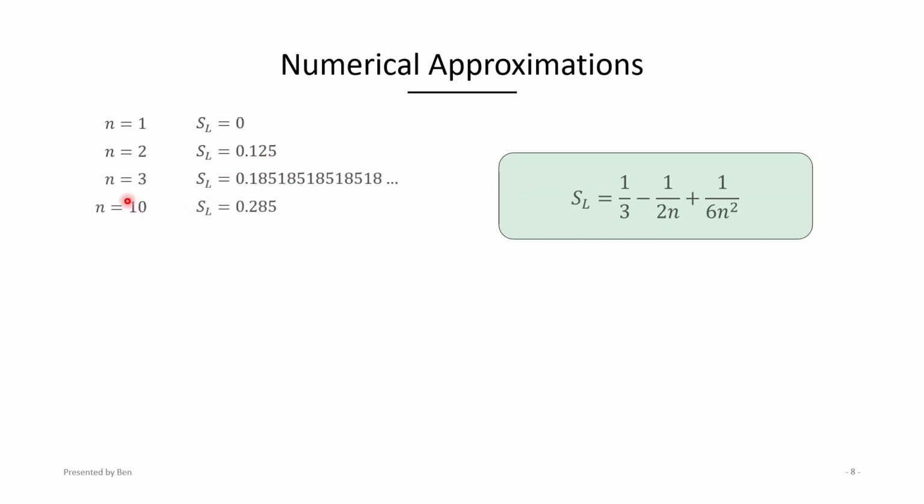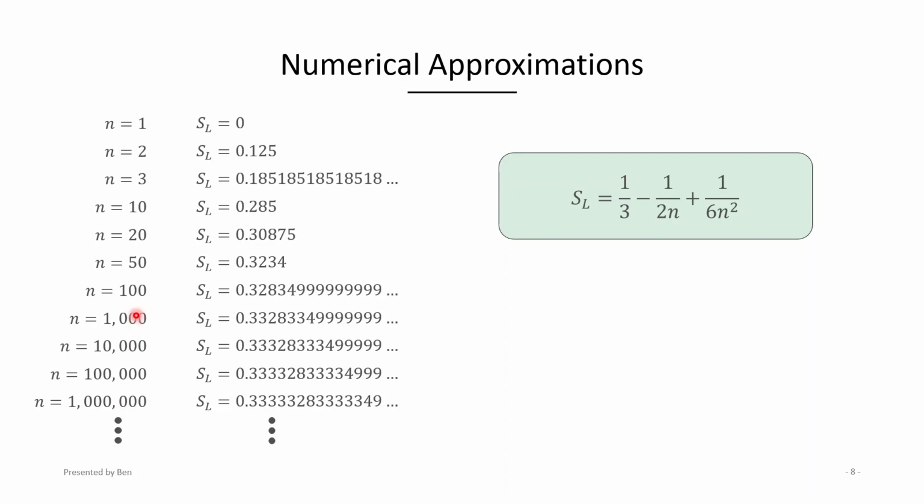When we have 10 rectangles, when n equals 10, it's 0.285. We have seen this value before. And you can keep doing, right? You can try any number of rectangles. So basically, you will get a sequence of values, and this sequence is endless.